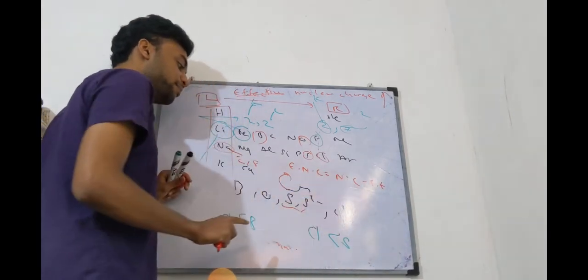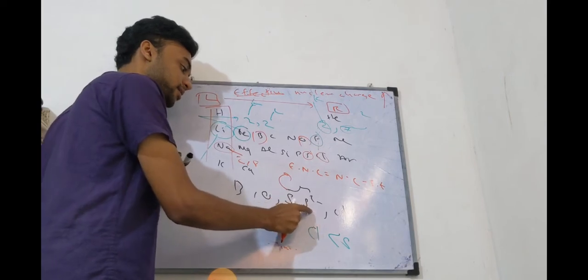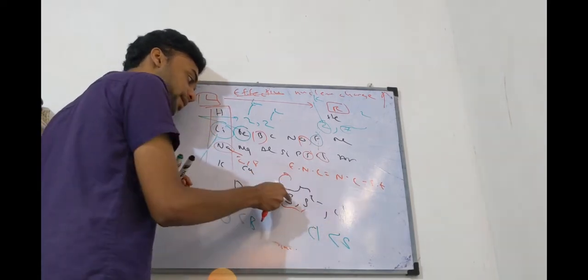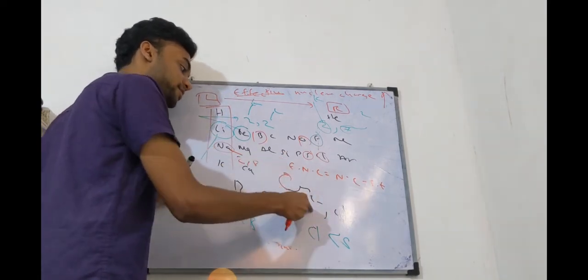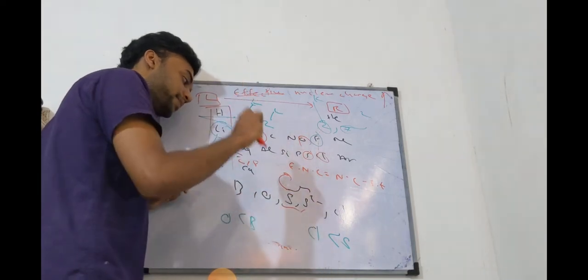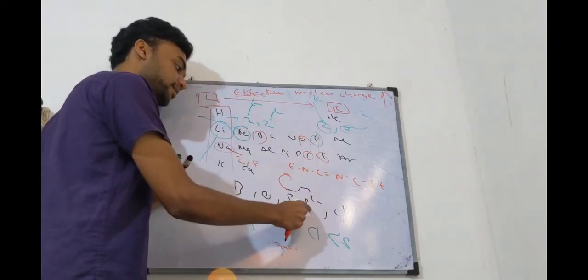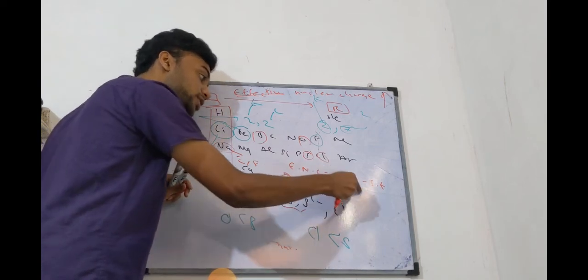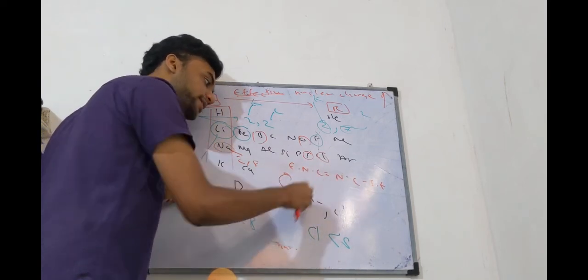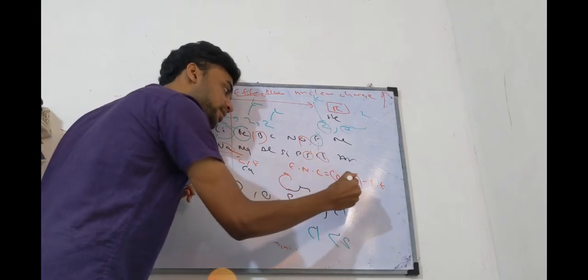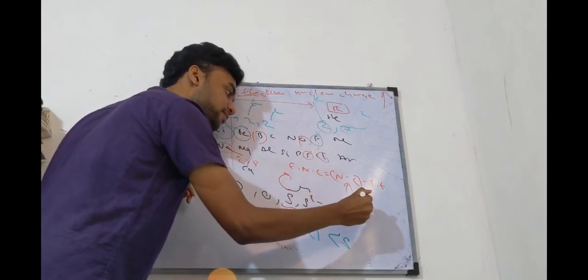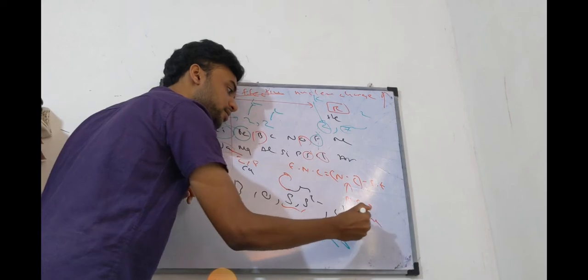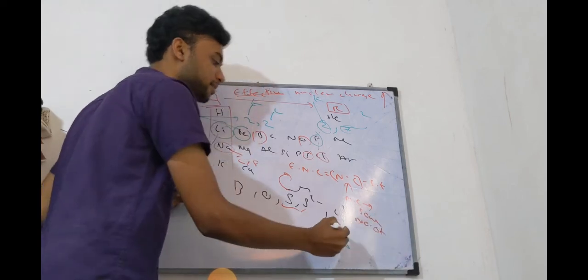Now listen, I'm writing this equation to compare the atomic radii of sulfur and sulfide ion. When we compare sulfur and sulfide ion, we know that the nuclear charge is the same. Why? They have the same number of protons.